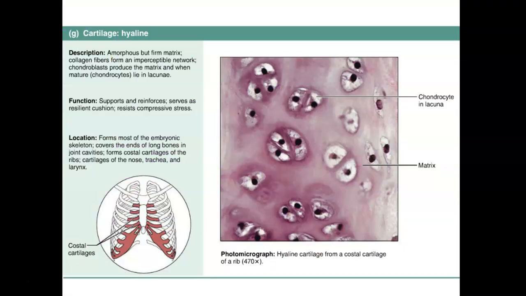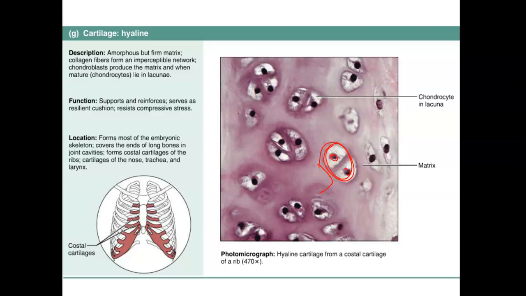Then the different cartilage. So we have three different cartilage types. We have hyaline cartilage, elastic cartilage, and fibrocartilage. You do need to be able to recognize them, and you need to be able to identify places where you would find hyaline cartilage. A key thing with hyaline cartilage is that in the extracellular matrix, so everything outside of the cell, the cells are going to be located in a lacuna.